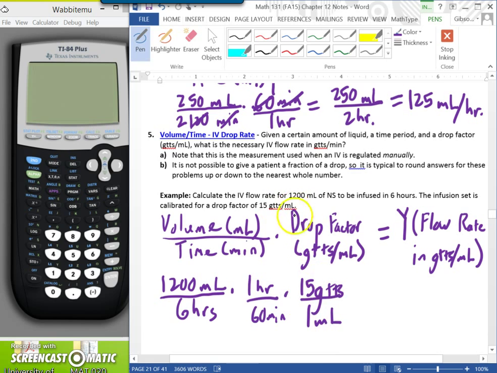So that's the same as slash ml. So now we would simplify out the milliliters. The hours will simplify out. And this would give us 50 GTTS per milliliter after you multiply it out. Are there any questions on problem number 5?